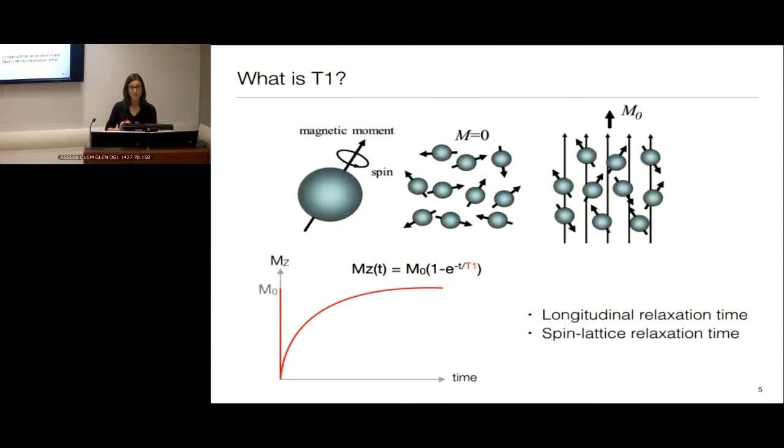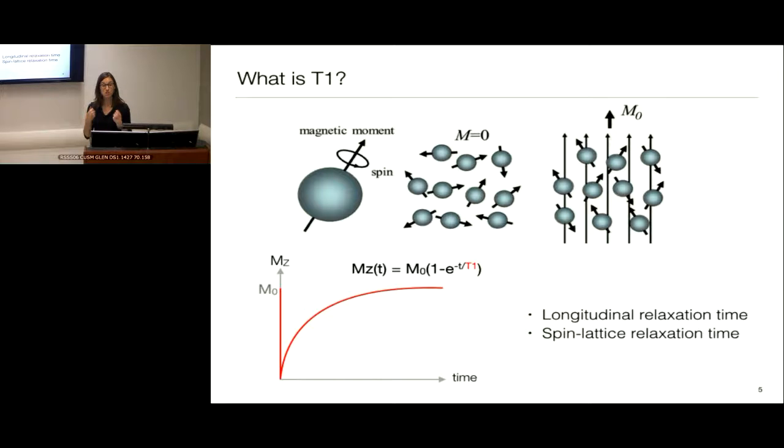So backing up a little bit, what is T1? Maybe all of you know this, but it's a longitudinal relaxation time. Okay, so the time that it takes for your longitudinal magnetization to return back to its equilibrium position. For example, as you know, in MR, we're looking at the spins, so nuclei with an odd number of protons or neutrons, which are spinning in your body, and they're all oriented in different directions. And as soon as you submit them to a main magnetic field, they all align with or against that main magnetic field, and you get a net magnetization, right?